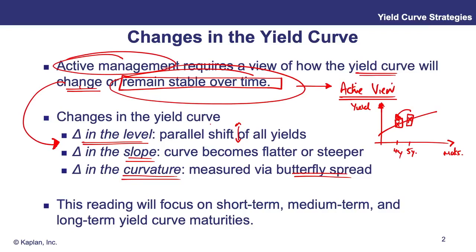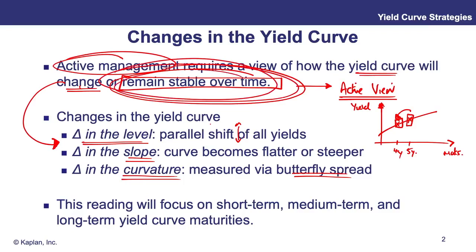We assumed the yield curve remained stable, and we essentially knew therefore what our starting yield and prices and our ending yield and prices are going to be, and that was referred to as the roll down return. So it's exactly the same idea as that. How can we maximize our return if we have the active view that the yield curve remains stable over time?